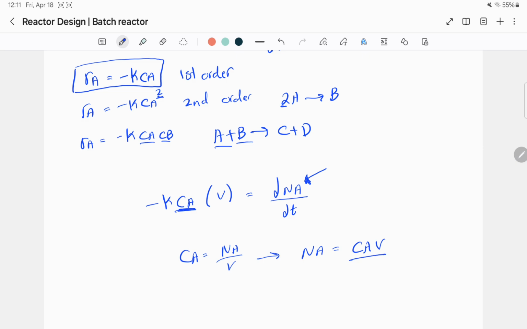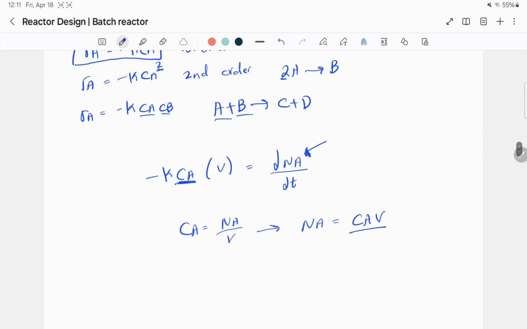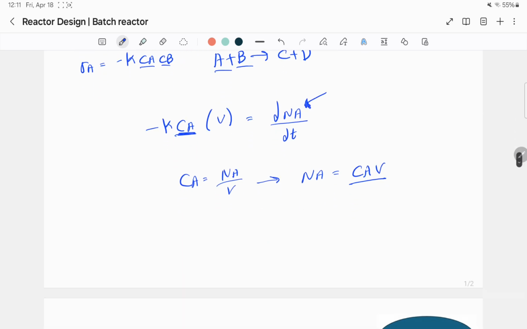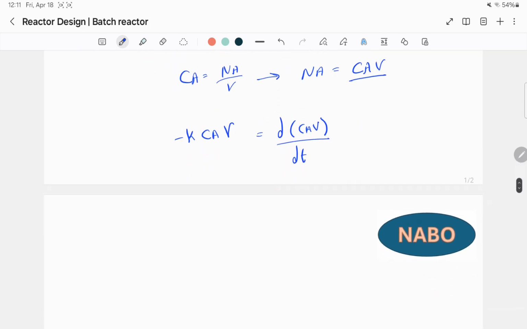We'll sub this into this differential here. So the right side will be d(CA V) over changing time. The left side will stay as it is, negative K CA V. Now, this volume is constant, as we said earlier.